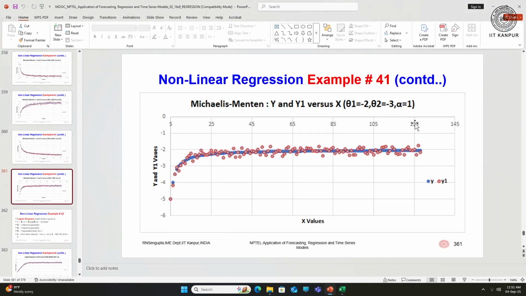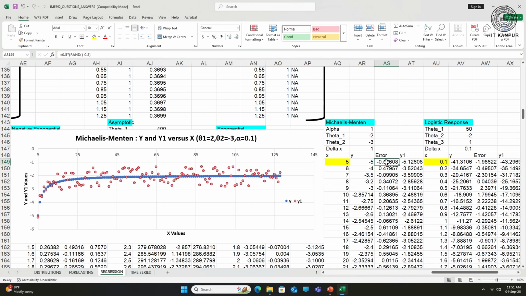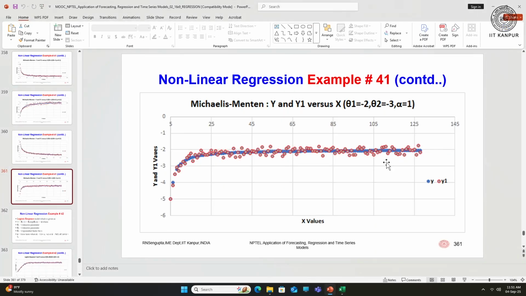Now you see the graph shown here, along with the one in the PPT. Here the error is a little bit more dispersed, so let me decrease it. Now it looks almost exactly the same.